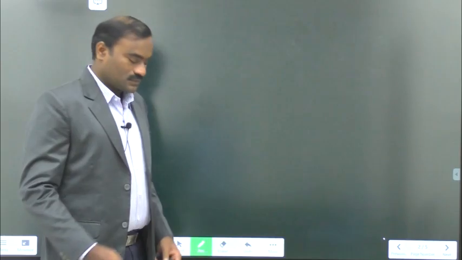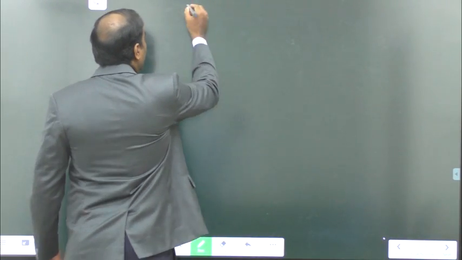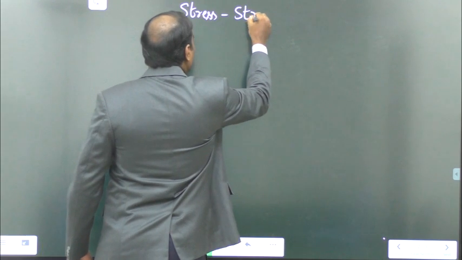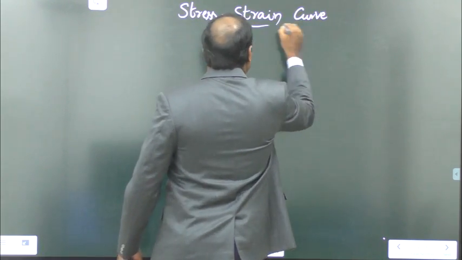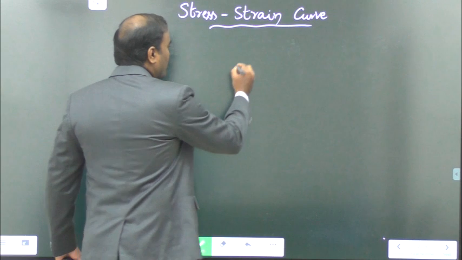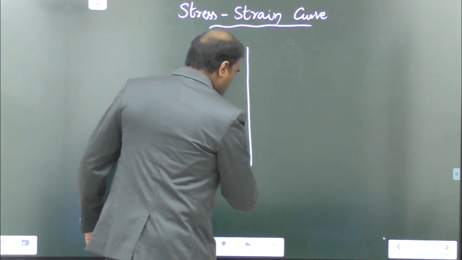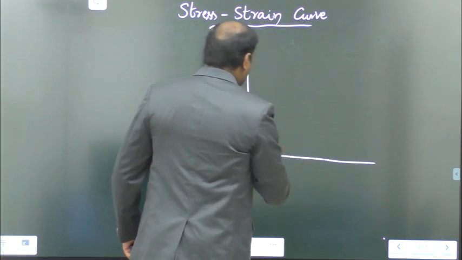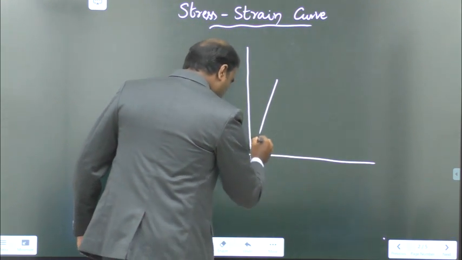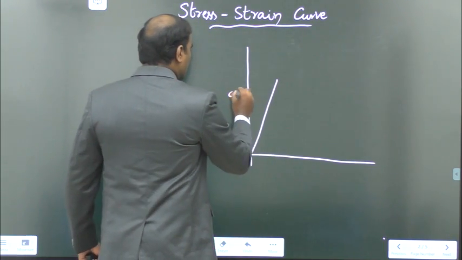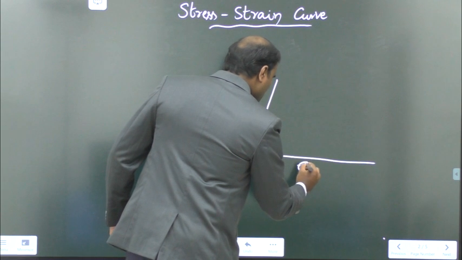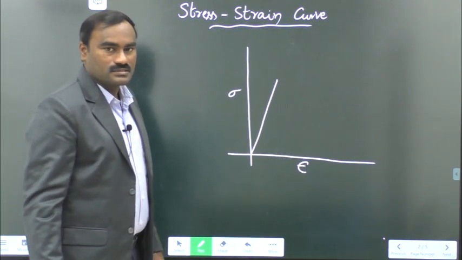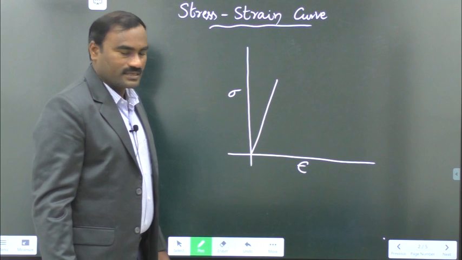Okay. So now we have seen the stress strain curve. Sigma, that is stress, is along the y-axis and strain along the x-axis.